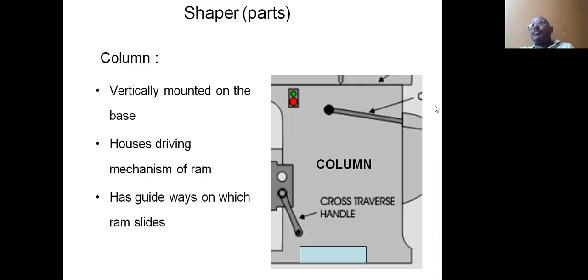Observe some similarities between a lathe and a shaper. In a lathe also, in order to provide traveling for the saddle or the tailstock, the lathe bed is provided with guideways. Of course, there the sliding elements over the bed are two.